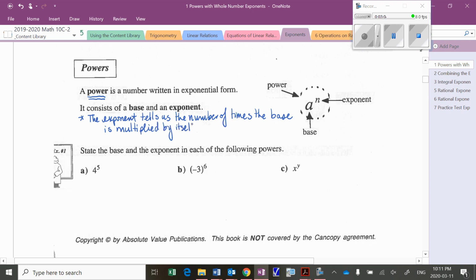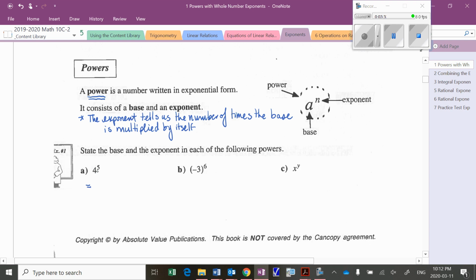And so with that, if we look at class example number 1, the base being 4, the exponent being 5, in expanded notation, the repeated multiplication, it doesn't actually ask us to write it, but that shows we know what the base and the exponent each are.